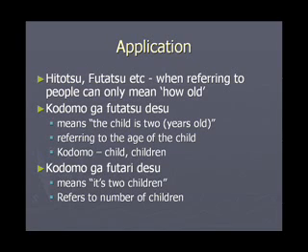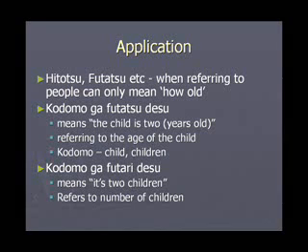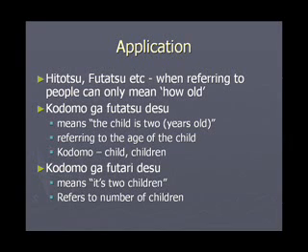So, suppose you meet your Japanese guest or host and ask this question, ikutsu, and they would say, let's say the child is 2 years old: Kodomo ga futatsu desu. If you wanted to know how many children he has got, you should use nan-nin. Nan-nin would have got you the response, Kodomo ga futari desu, if he had 2 children.